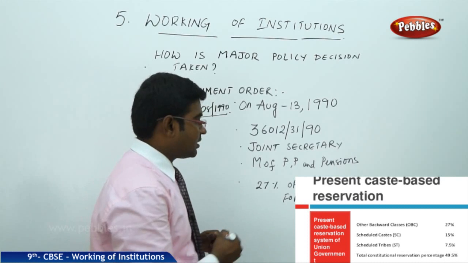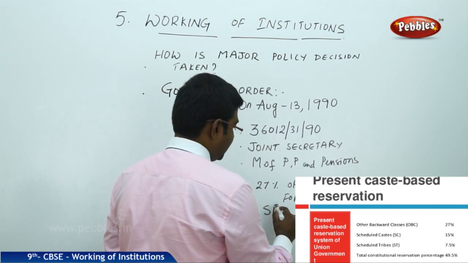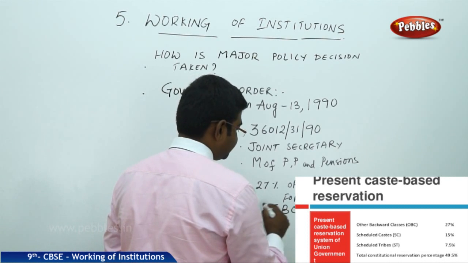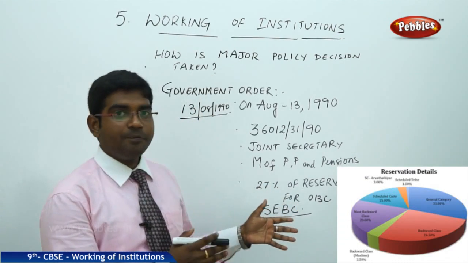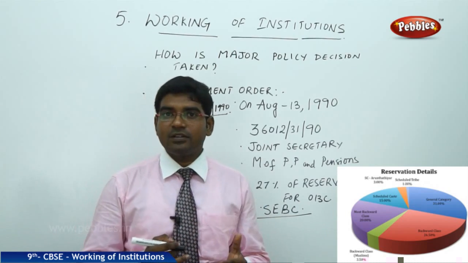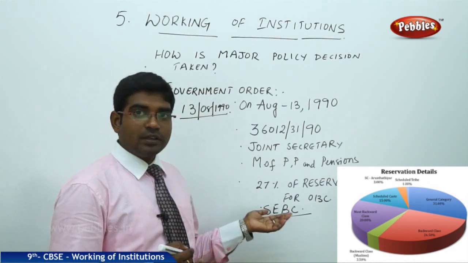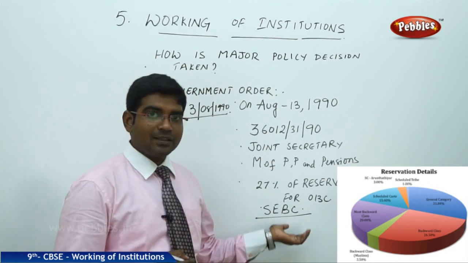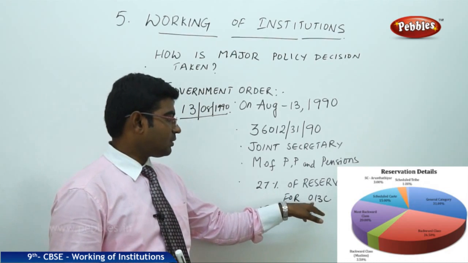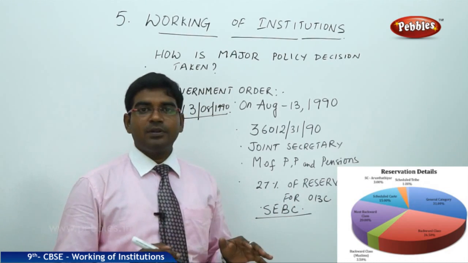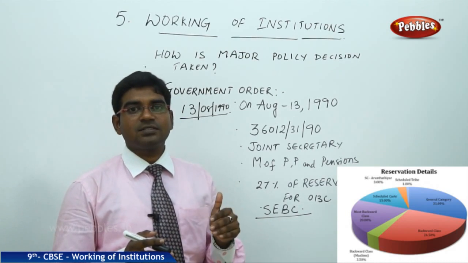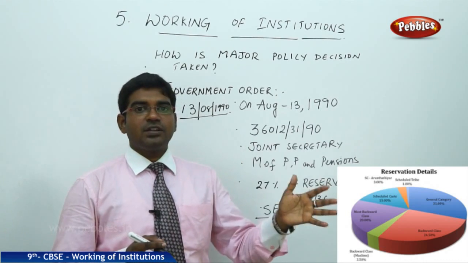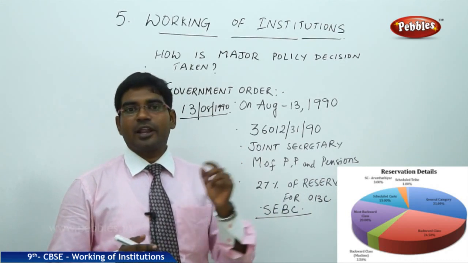This is also known as SEBC. As per the recommendations or as per this GO, it now also entitles the socially economically backward classes or other backward classes people to get a certain amount of seats reserved for them, as it is reserved for the scheduled castes and the scheduled tribal people.